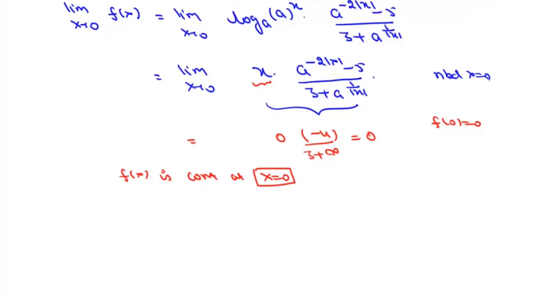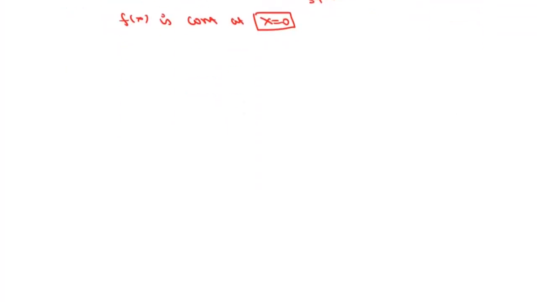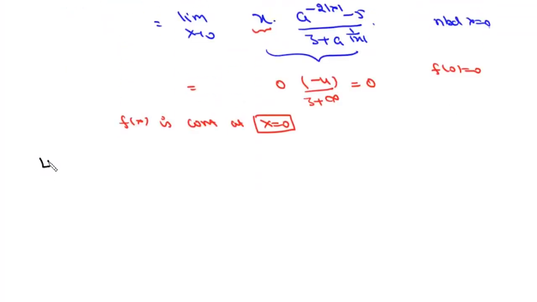Now we need to check its differentiability at x equals 0. Now if we check its left hand derivative, it will be f dash 0 negative, which is given by this limit h tends to 0.